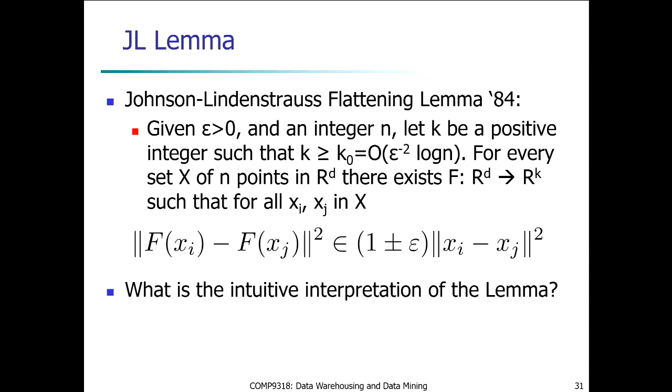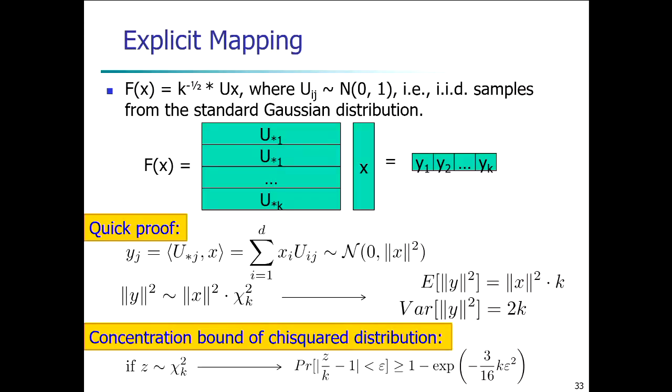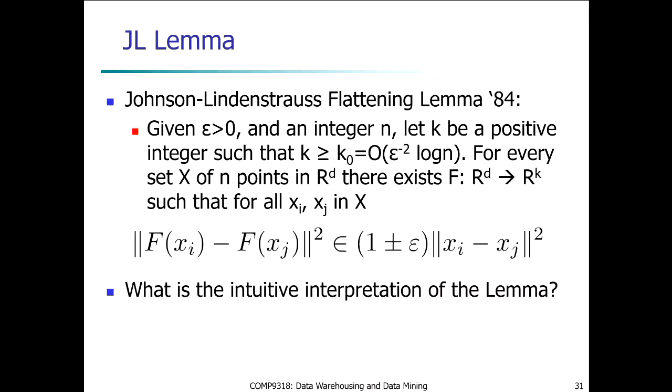It turns out that if we are really dealing with very high dimensional space, a seemingly very simple way is to use some kind of randomized projection. I won't go into the details, but let me just explain what this formula means.